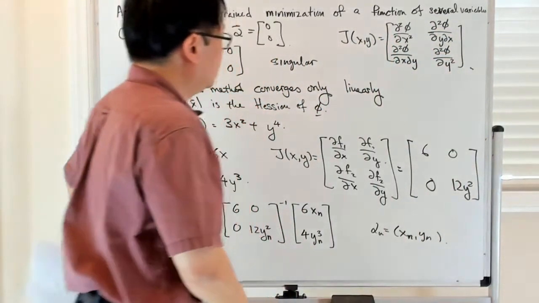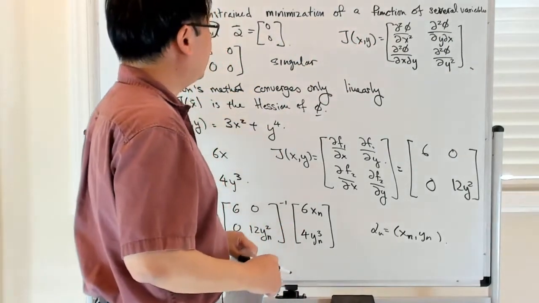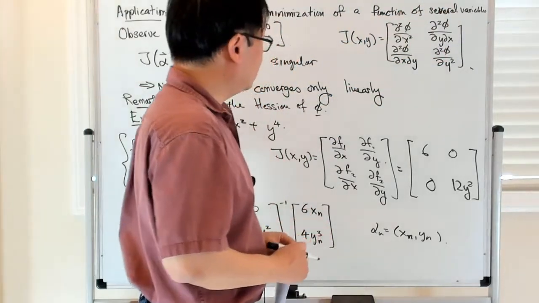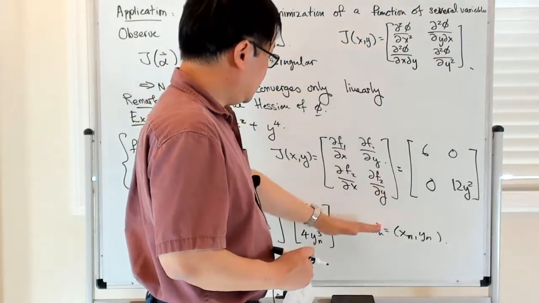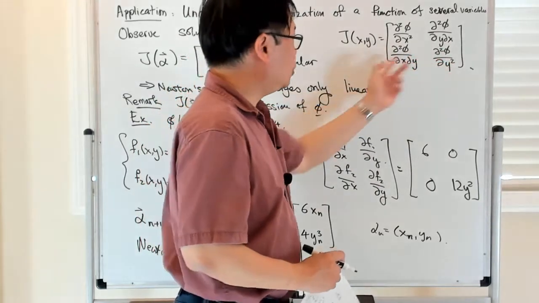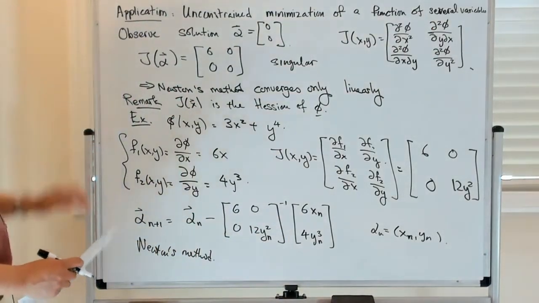So whenever you're doing minimization of a scalar valued function involving several variables, the Jacobian in the Newton method is going to be the Hessian of that function. Anyhow, let me just stop here for now.